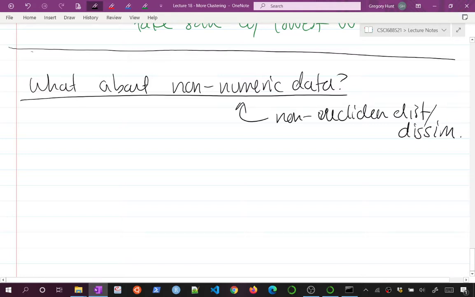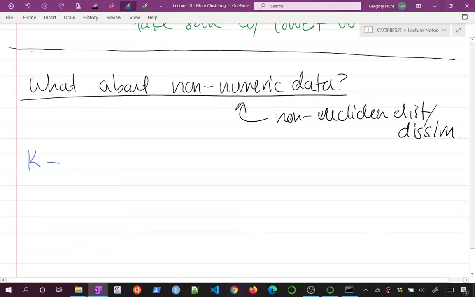All of this is predicated on our calculations being done with the Euclidean distance. Euclidean distance weights things far away in this squared way, and that weights outliers very heavily. If we don't want to do that, if we use absolute value or something, what do we do? Because all of our math was based on this Euclidean distance.